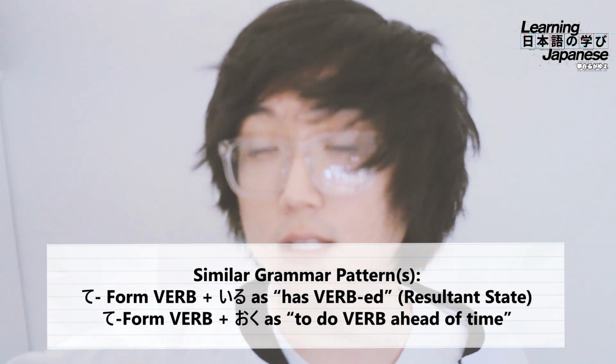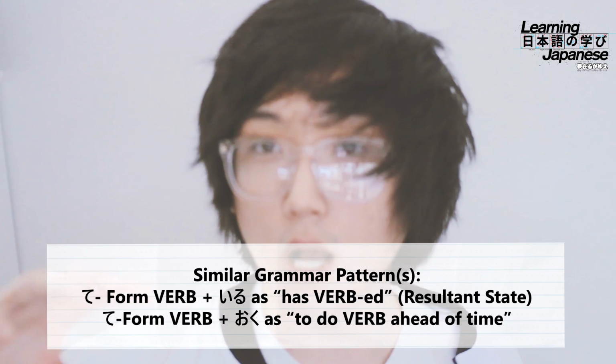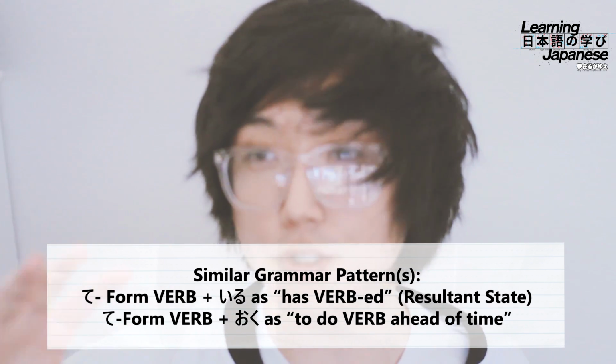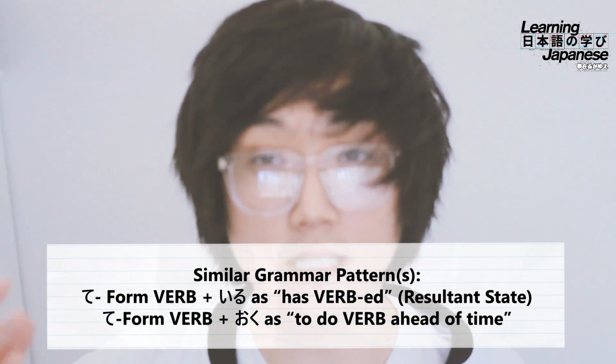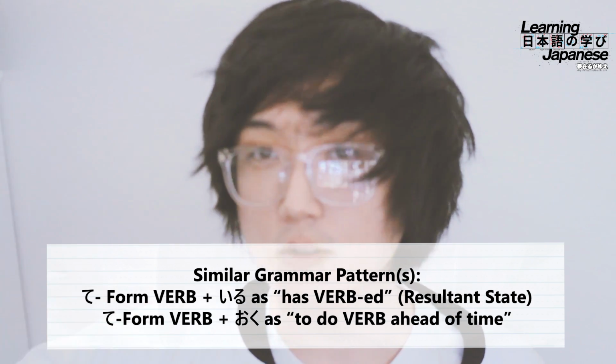As for the difference with the te-oku grammar pattern, te-oku is more focused on the future. So you do something in preparation still, so there's intention there too, but the preparation is for something in the future that isn't relevant to now.